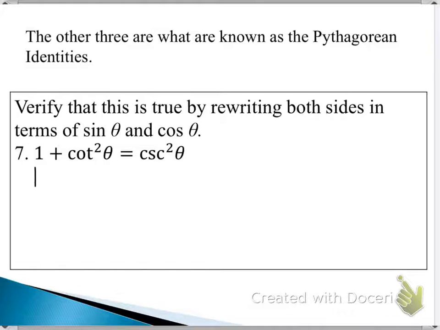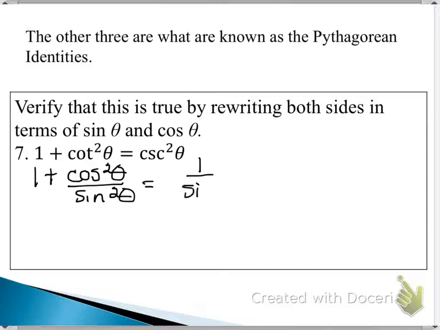So it's going to be 1 plus cosine squared theta over sine squared theta equals, and then the cosecant squared is going to be the same as 1 over sine squared theta.